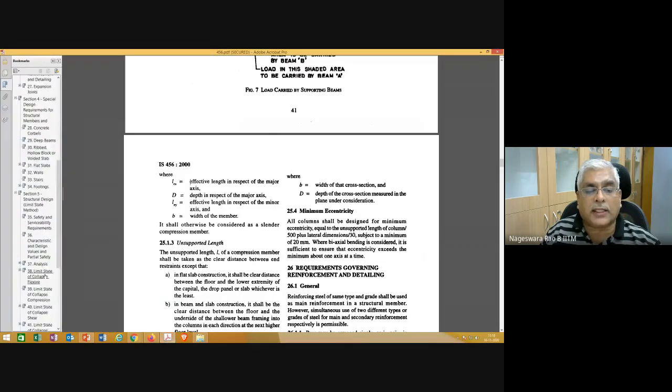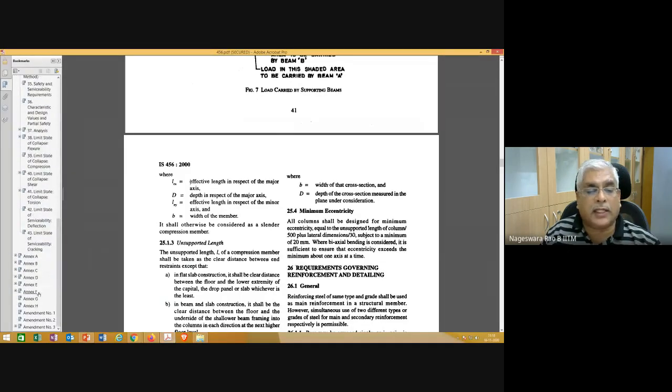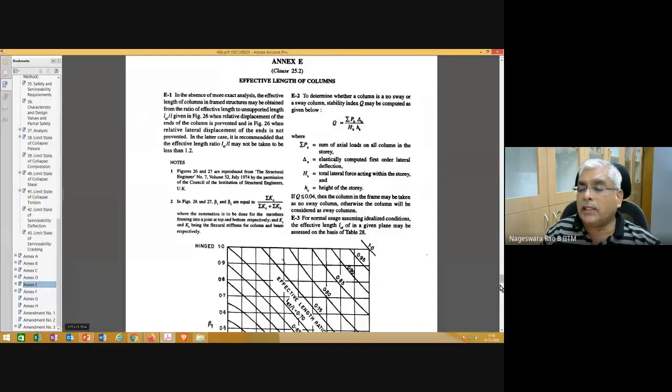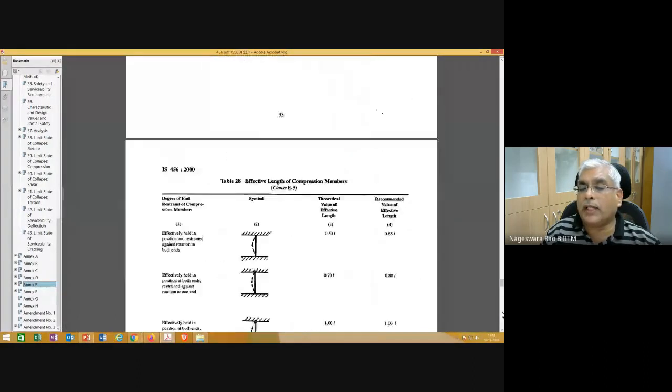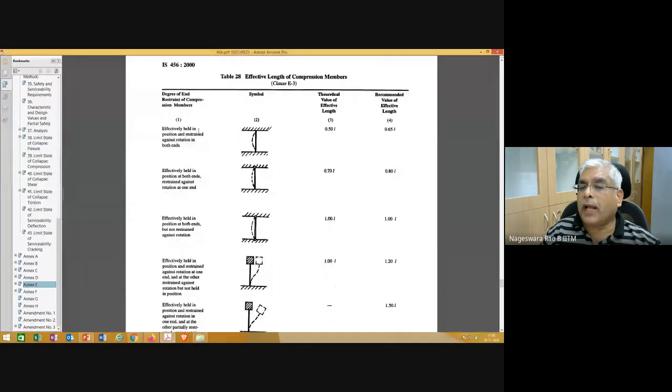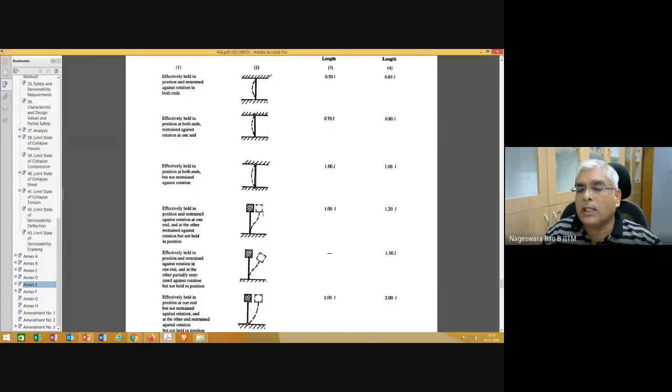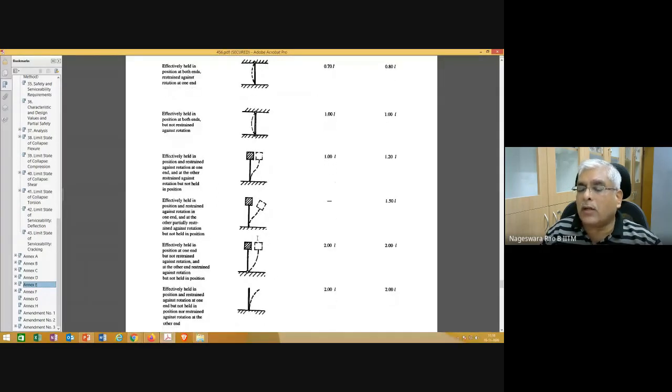For idealized cases, it is given in Table 28, which gives you these factors for various cases. The first three are for no sway columns, that is braced columns. The rest are for unbraced or sway columns.